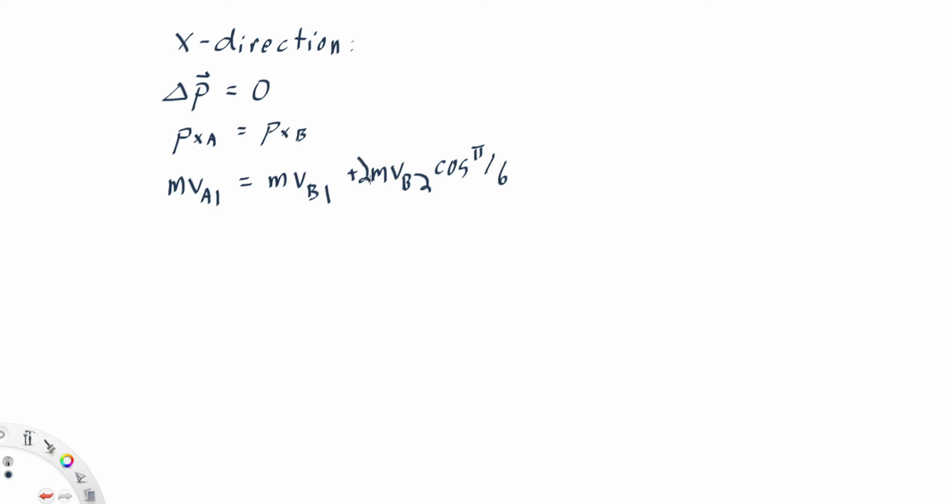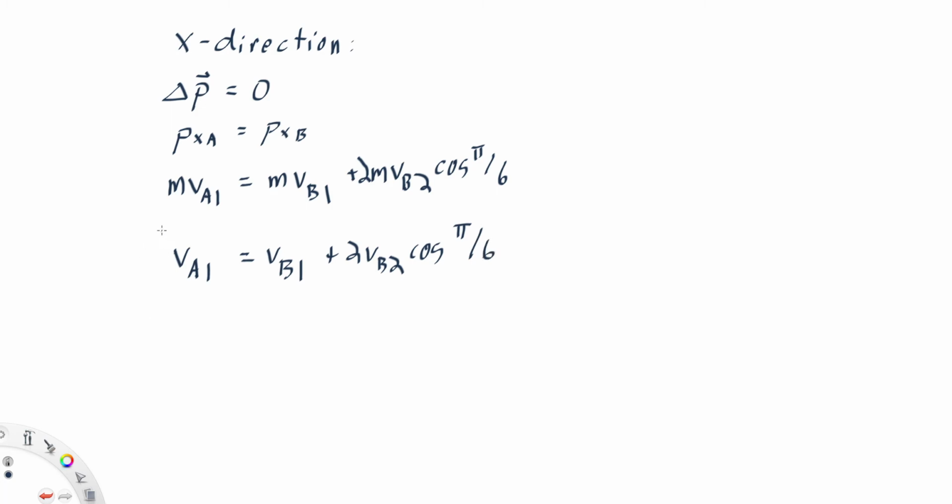Because there's two balls, each with the same momentum in the x direction. There's a mass in every single one of these terms, so it's going to cancel out. So we have VA1 equals VB1 plus 2 VB2 cosine pi over 6.